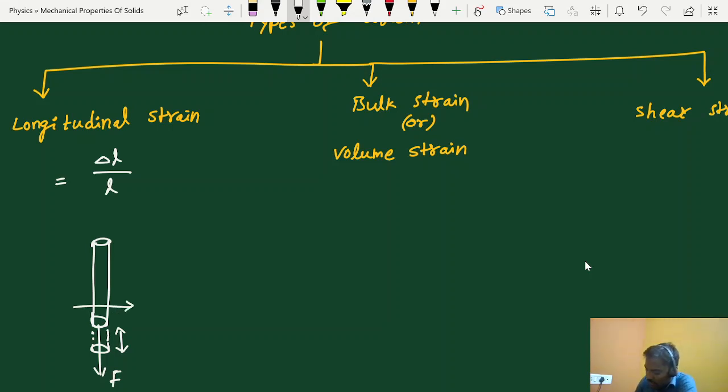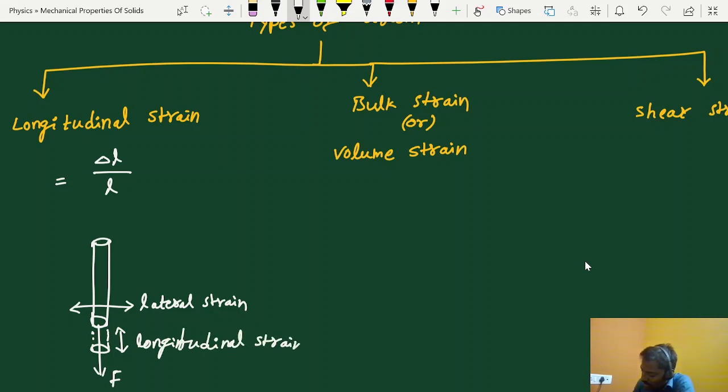Strain developed perpendicular to the direction of applied force is defined as lateral strain. This is lateral strain. This is longitudinal strain.